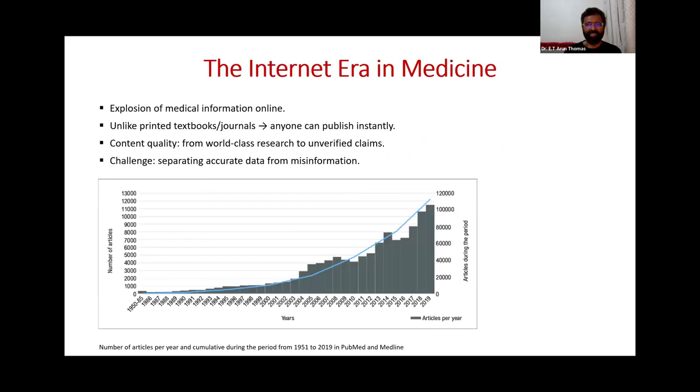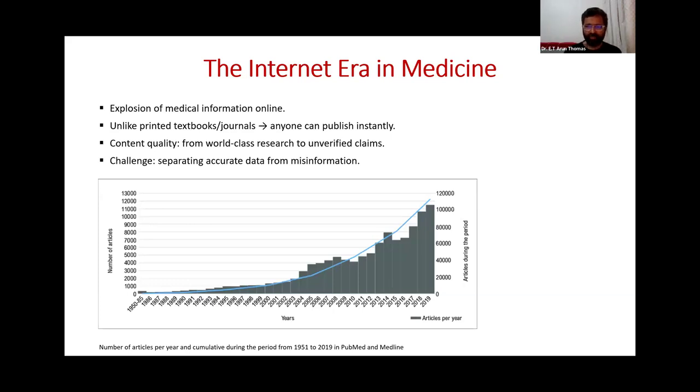Now, the problem in this internet era is that there is an explosion of medical information online. Unlike printed textbooks and journals, like we had 15, 20 years ago, where we all relied on printed journals that were well proofread and very meticulously published, on the internet a lot of unnecessary noise is there, and you can just see the graph per year.